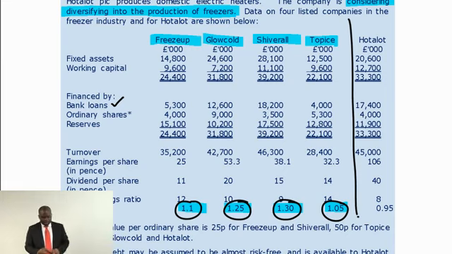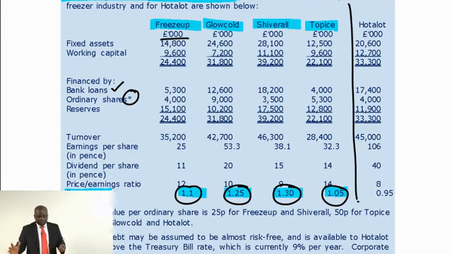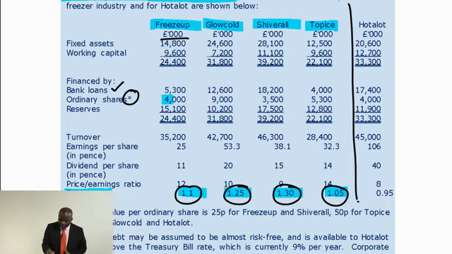If you look at the question, they gave us ordinary shares in terms of thousands of pounds, and you see this asterisk. And we all know number of shares is the nominal value of the shares total divided by nominal value per share. So if you pick freeze up, for instance, its nominal value of shares is 4,000.